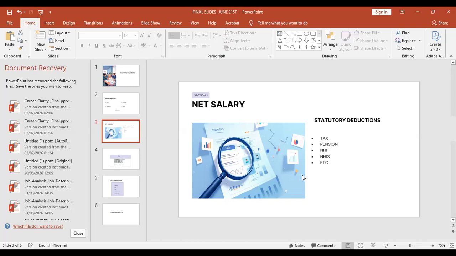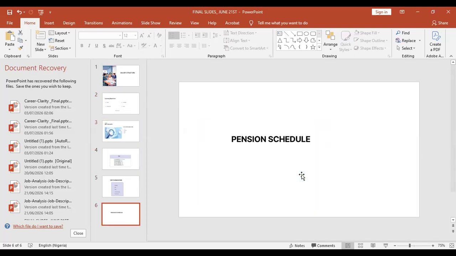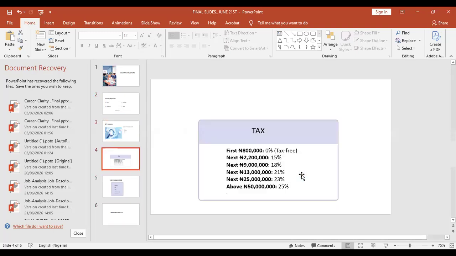NHF, the employee's contribution for NHF. NHIS, the employee's contribution for NHIS. Those things are not taxable. So we have to minus them from the gross. Whatever is left, that's what we're now going to use to calculate. Is it up to 800,000 naira in a year? That's the taxable income. So we're not taxing the gross. We have to remove pension, NHF, and NHIS first.